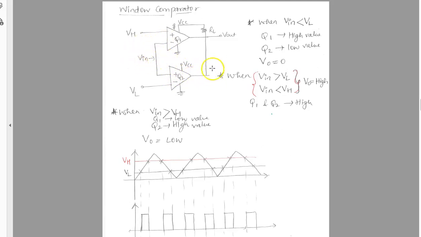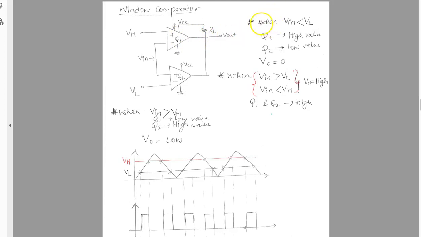The outputs both are connected through this load resistance, and then you have this V out which is coming out from here. Now let's consider three cases.